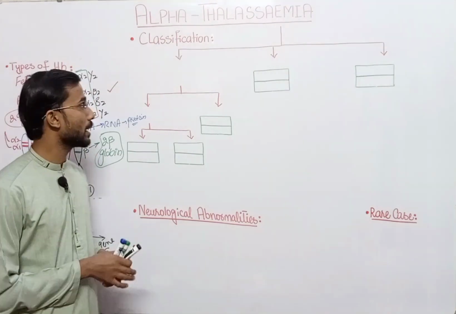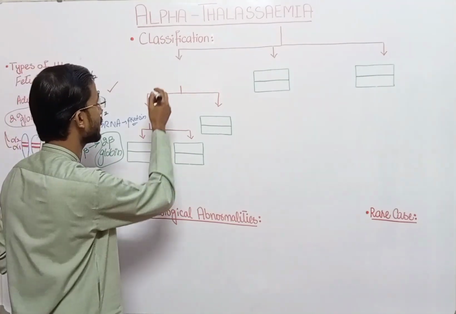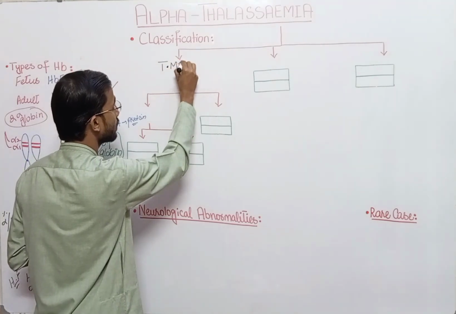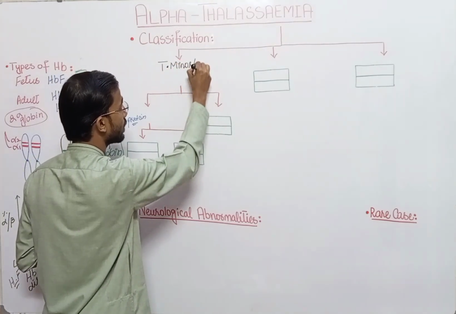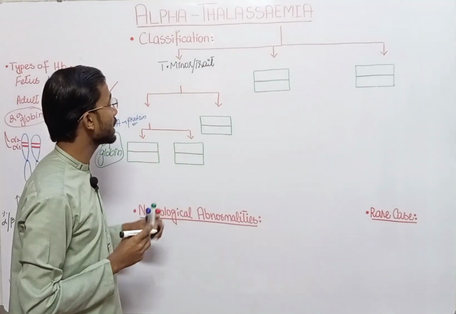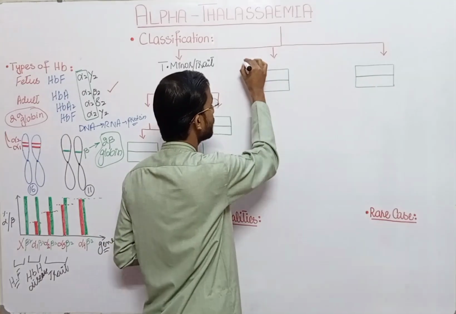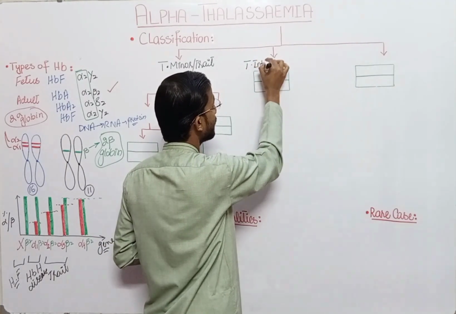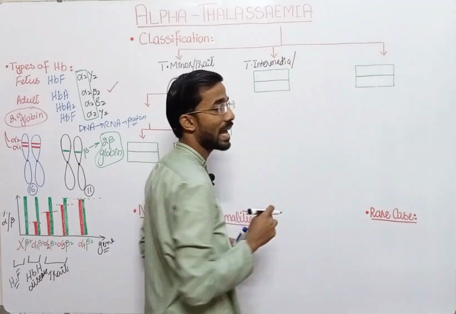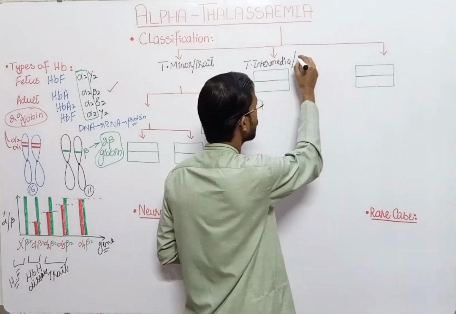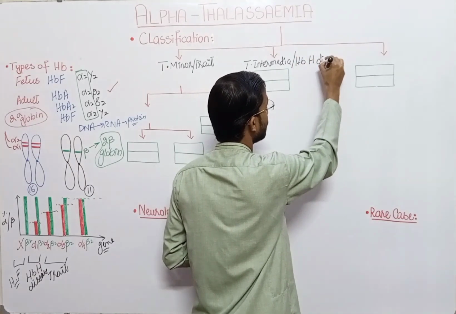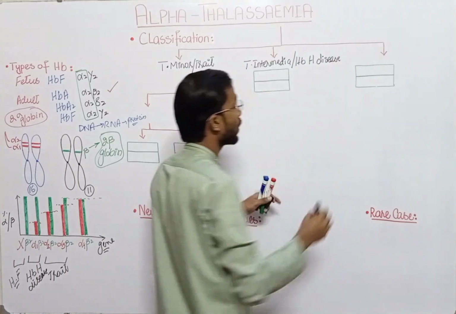Classification of alpha thalassemia includes, first, thalassemia minor, or you can say thalassemia trait. Second is thalassemia intermedia, which has another name, HbH disease.